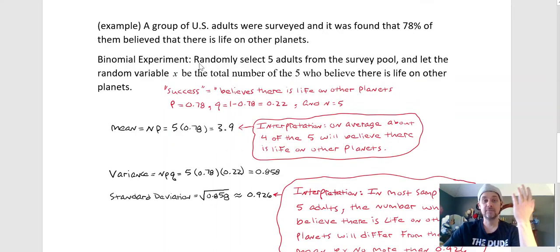Probability of success, well, if 78% of people are found to believe that, then p, the probability of success, is 0.78. q, the probability of failure, or in this context, the probability that they don't believe there's life on other planets, is 1 take away 0.78, which is 0.22. And the number of trials, n, is 5, because you're going to go through those 5 people.